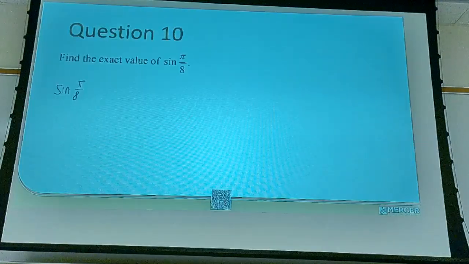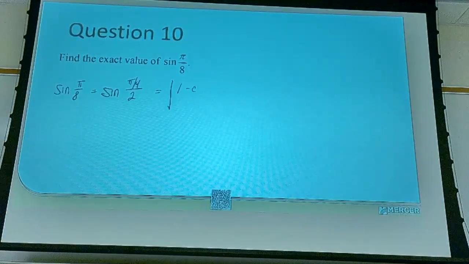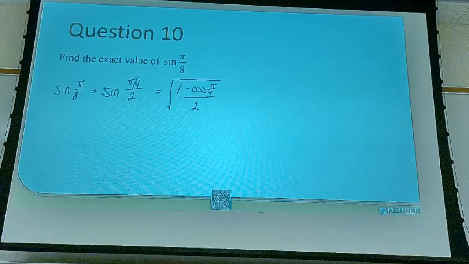Sine of pi over 8. Pi over 8, isn't that half of pi fourths, which is in quadrant 1? Square root of 1 minus cosine pi over 4 divided by 2.